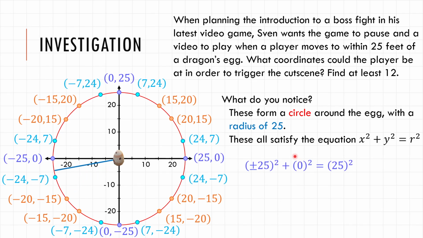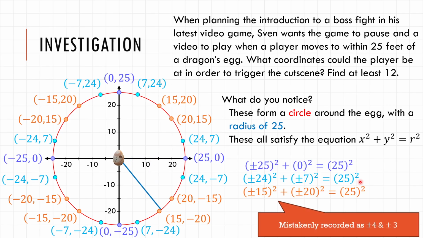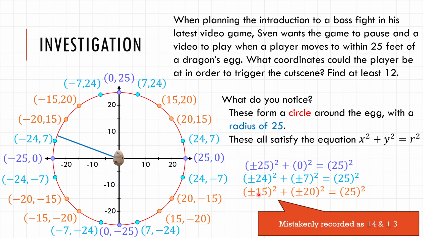It's commutative. So even 0 squared plus 25 squared, or 0 squared plus negative 25 squared, those still give you 25 squared. For our blue points here, we can see that positive or negative 24 squared plus positive or negative 7 squared, or the other way around, still gives us 25 squared. And so does positive or negative 4 squared plus positive or negative 3 squared. All of these give us the radius of 25.